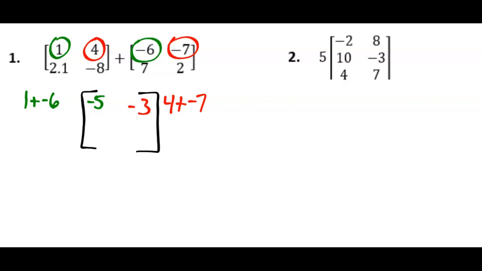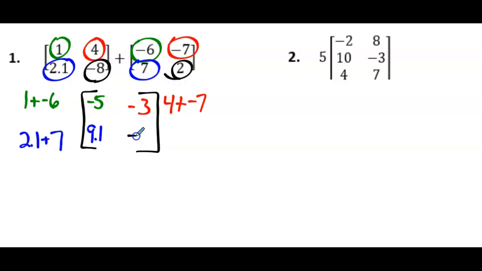Okay? 2.1 plus 7 is going to be 9.1. Good idea to write this part. Not necessary, but it's a good idea. And then I've got -8 plus 2 will give me -6. So -8 plus 2. Okay?